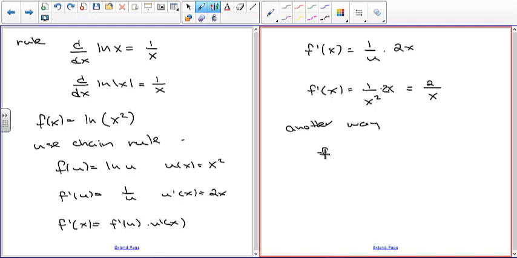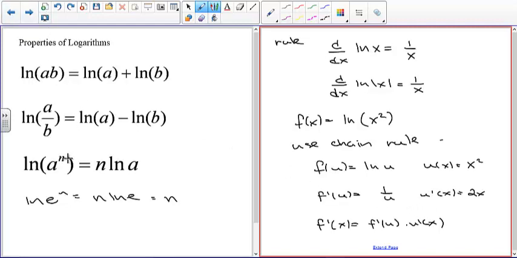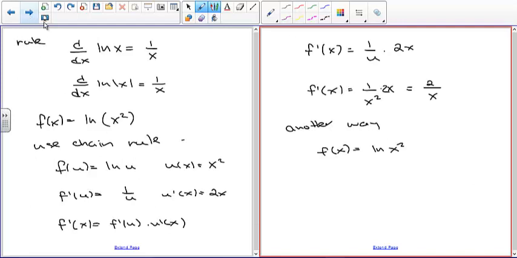So what you do is you start with the original function, and then you use this property. The natural log of a to the n is equal to n times the natural log of a. And a doesn't have to be a number. a can be a function. So in this case, a is x.